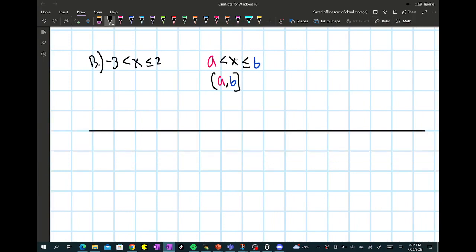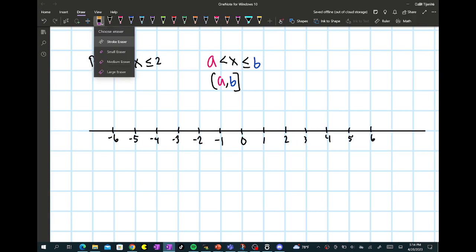So we have -1, -2, -3, and I'll go a little more. So we have 0, 1, 2, 3, 4, 5, 6, and so on and so forth.